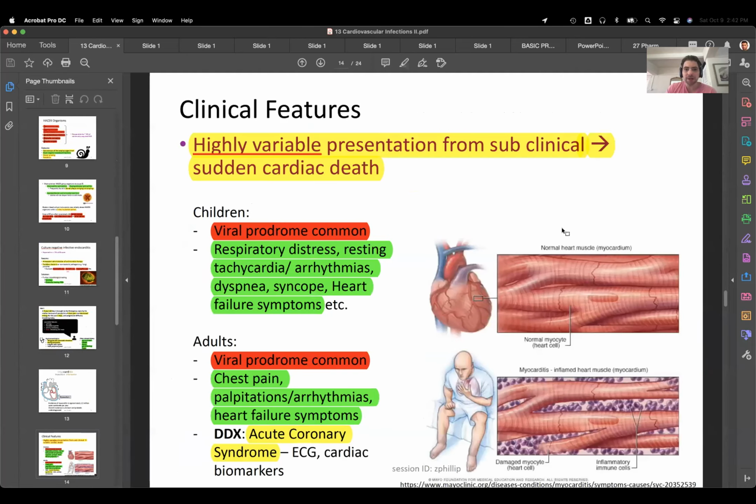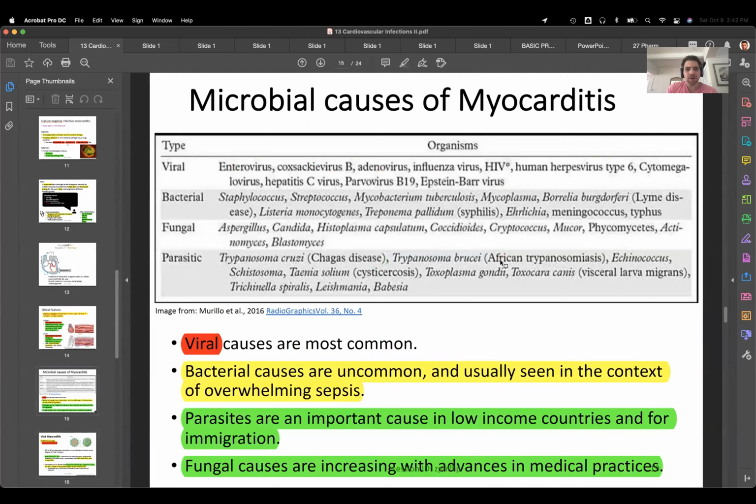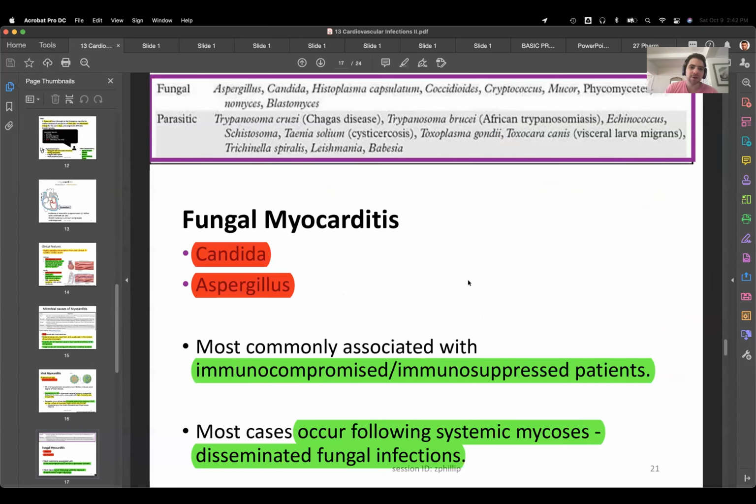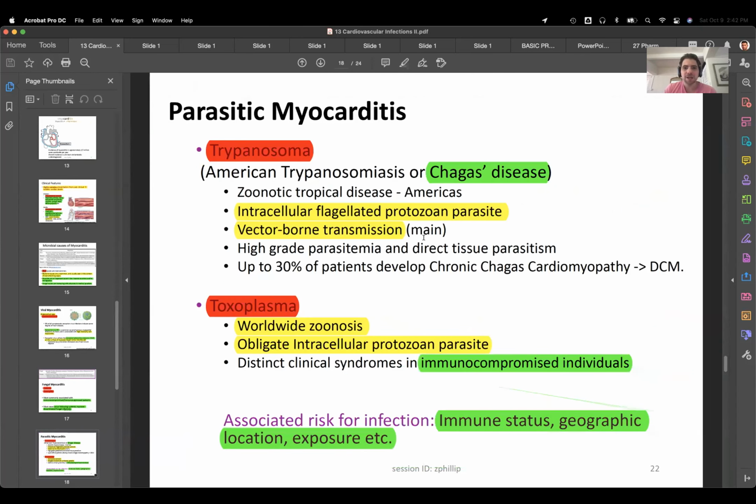All right, and then myocarditis, you can see here, it's obviously the muscle tissue. For viral causes, you need to think of Coxsackie B. B is for body, Coxsackie A does hand, foot, and mouth disease. So remember Coxsackie B is the big one here. They have fungal causes. Remember, with fungal infections, typically the patient has to be immunocompromised. So if they say immunocompromised, they're probably leading you down the road to a fungal infection.